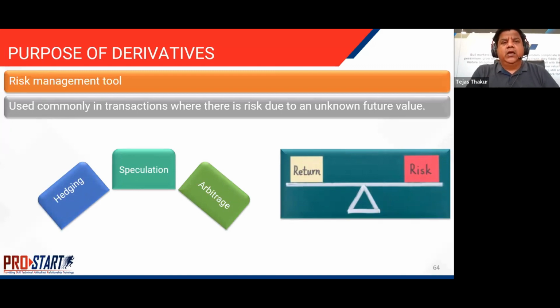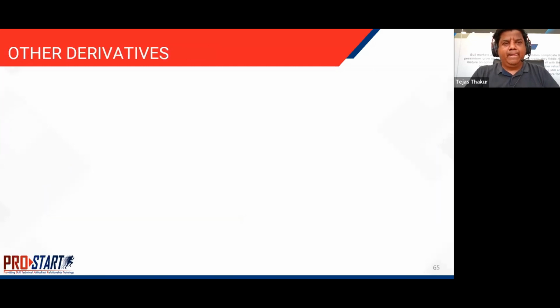If there is any discrepancy or price differential between the spot market and the derivatives market or the FNOs market, there are arbitrageurs who take the opportunity of this and convert that opportunity into riskless profits. So hedging, speculation, and arbitrage are the three broad purposes of derivatives.